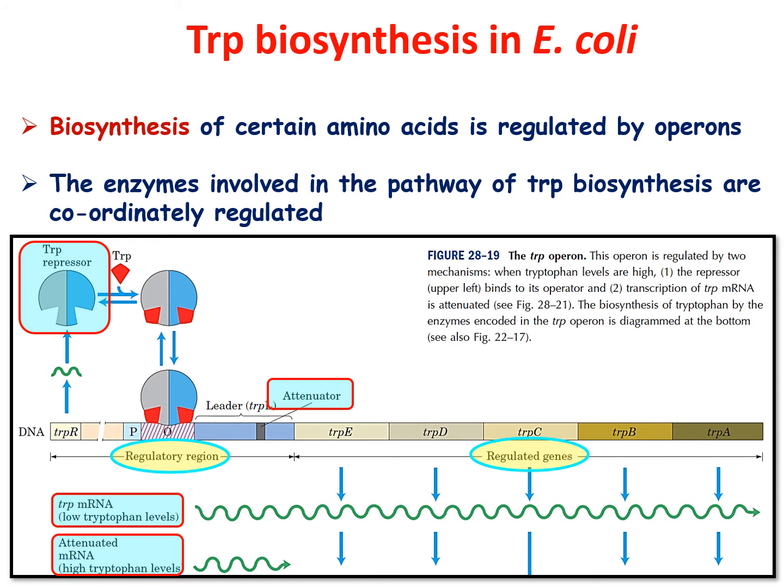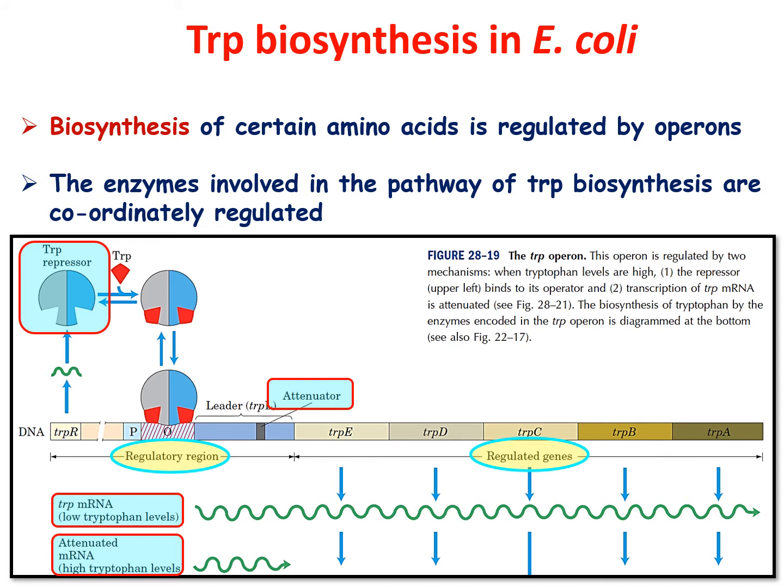I hope by this time you understand the whole idea of having an operon which consists of multiple structural genes which are involved in the same pathway. So if the end product, in this case tryptophan, is required, all the enzymes required for the synthesis of tryptophan will be required.